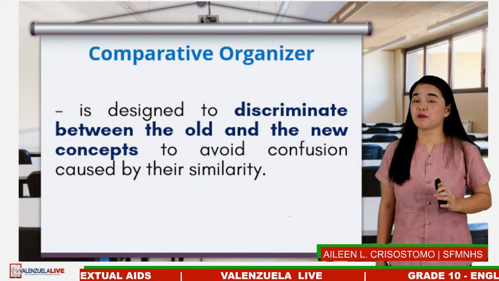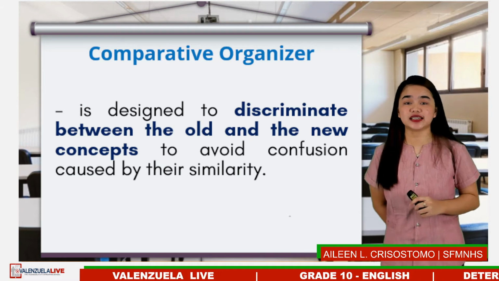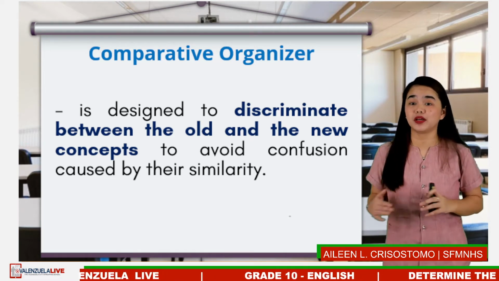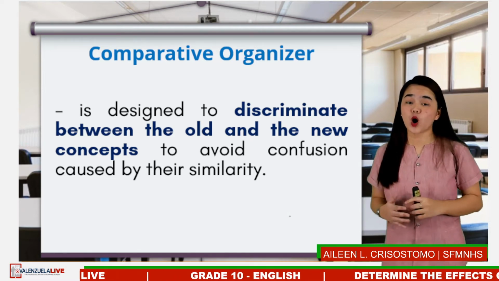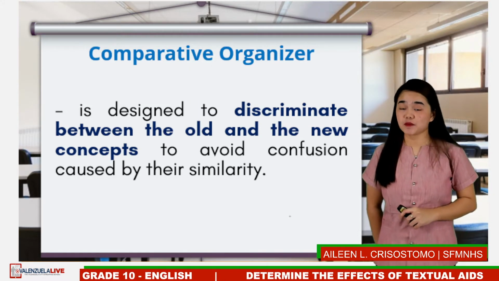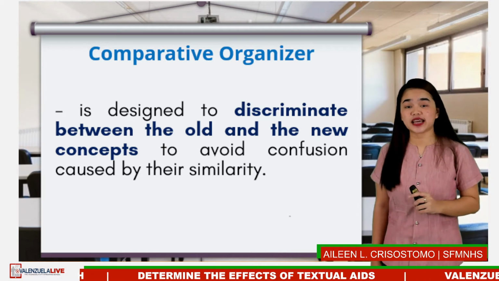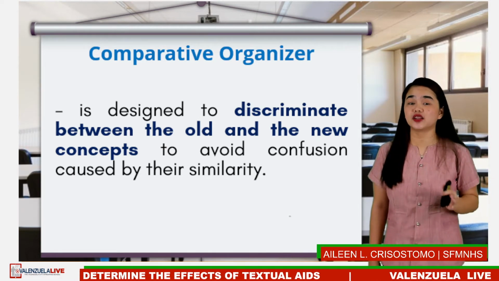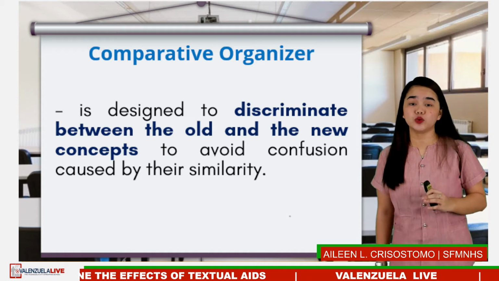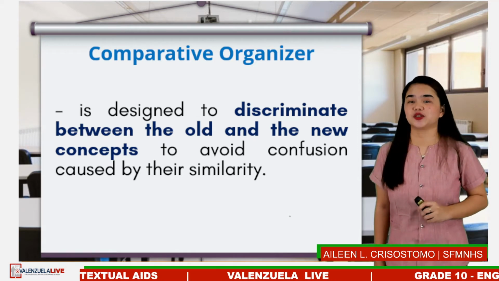Another is the comparative organizer. A comparative organizer is designed to discriminate between the old and the new concepts to avoid confusion caused by their similarity. This kind of organizer is presented when the material is relatively familiar or when the new ideas will be integrated with prior knowledge.